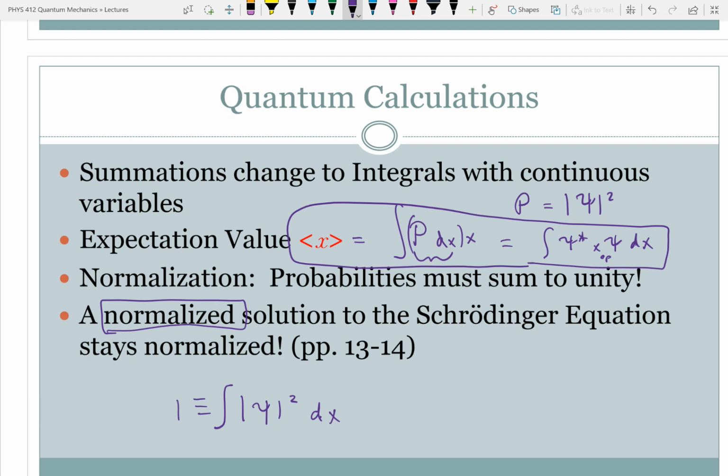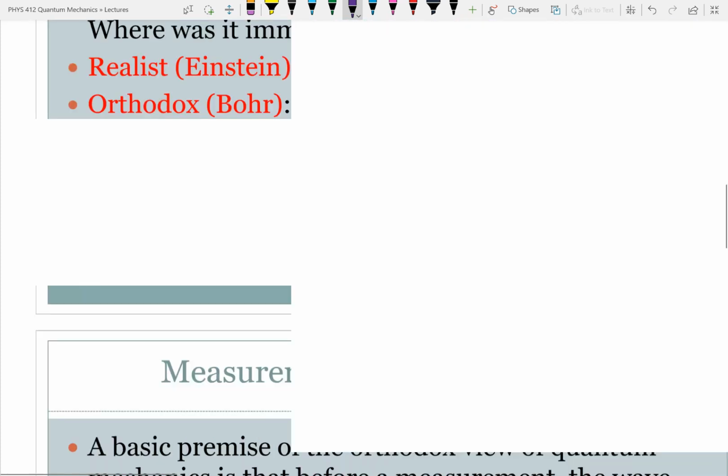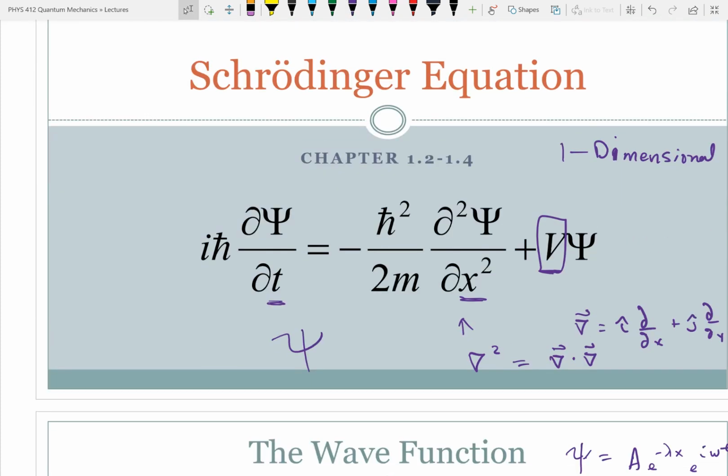Now, if we look back at our Schrödinger equation, the first slide, notice that psi appears in every term here. So if I multiply psi by any arbitrary complex constant, as long as it's a constant, the derivatives won't affect it, and it'll just be something I can factor out, and the equation remains unchanged.